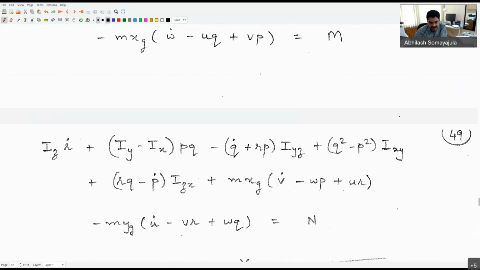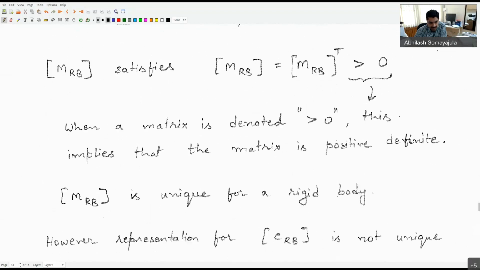Okay, let me quickly wrap this portion up. We talked slightly about this, that the mass matrix satisfies the property that it is a symmetric matrix, which means that it is equal to its transpose and it is greater than 0.